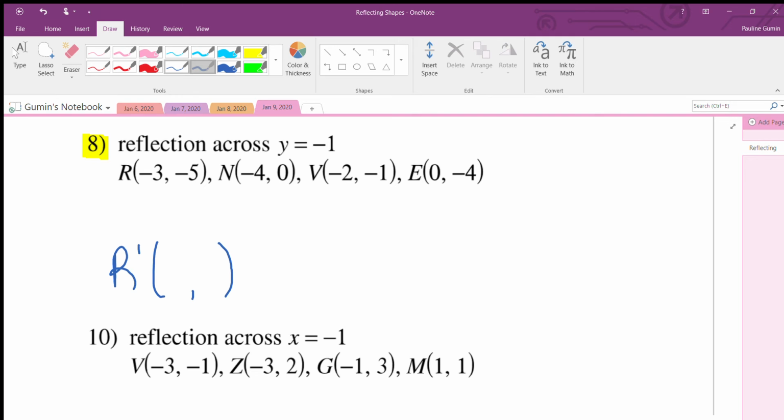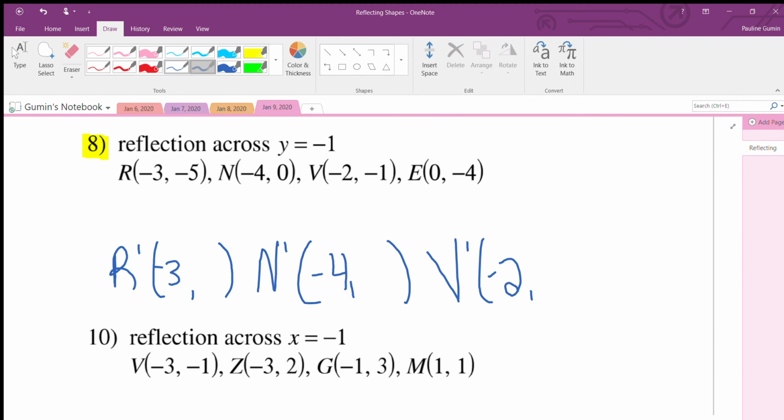Well, if we're reflecting over a horizontal line, we're going up and down. Therefore, the y's will change. So I'm going to just get started by writing each new point with its x value intact. It's easy. You know it right away. And we could go from there.